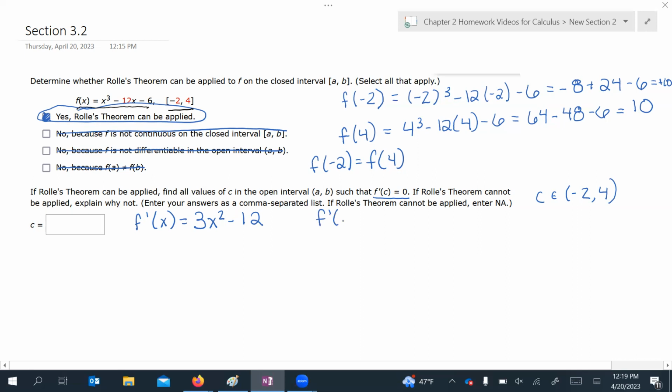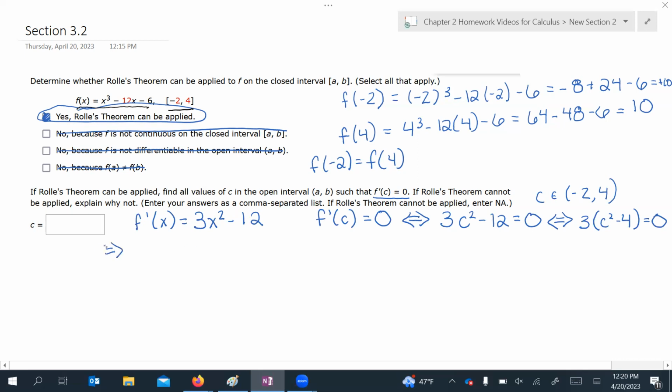F prime of c will equal 0 if and only if 3c squared minus 12 equals 0, which is going to happen if and only if I factor out a 3, we have c squared minus 4 equals 0.